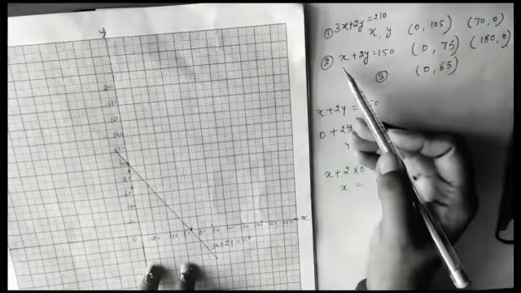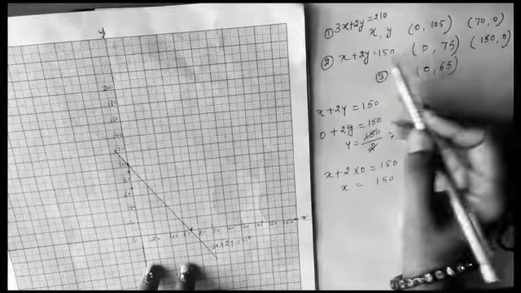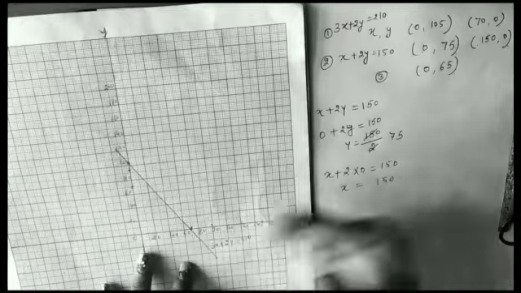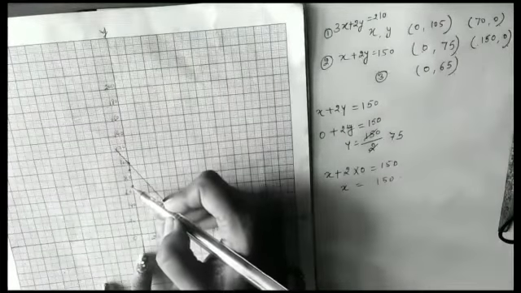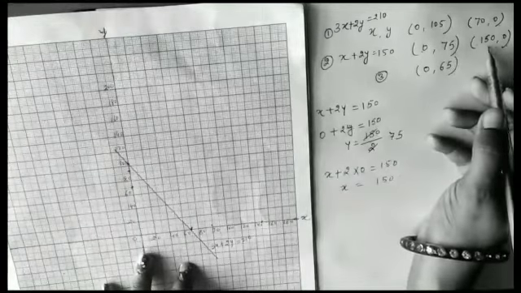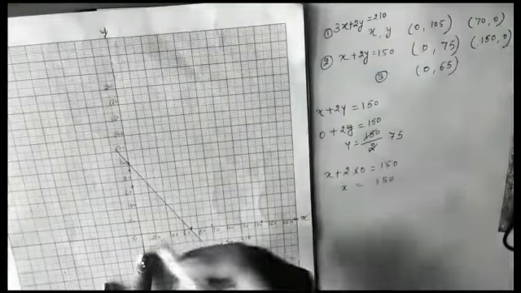Come to the next line, x plus 2y equals 150. In this line, when x is 0, y is 75. This is 60, 70 and this is 75. When x is 150, y is 0.